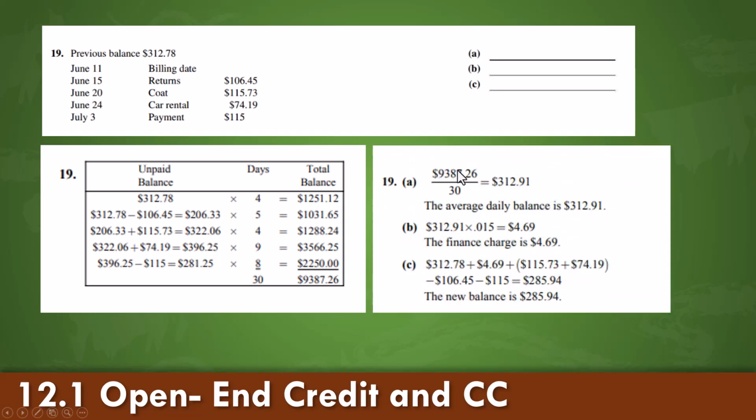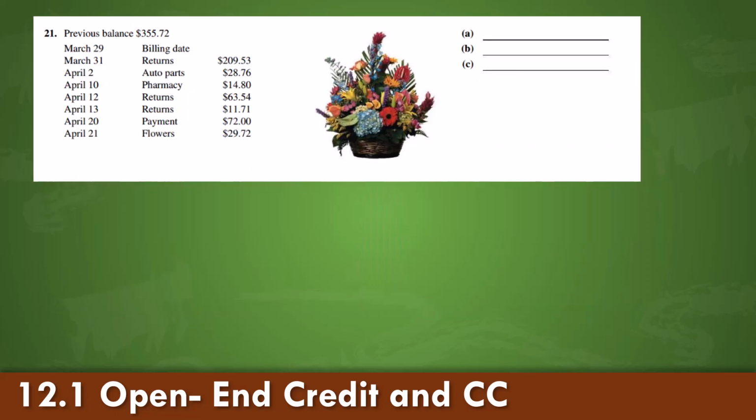We take this total balance, divide by 30, that will give us our average daily balance. Average daily balance multiplied by 0.15 will give us the $4.69 finance charge. Doing the addition of finance charges and expenditures, less any payments or returns, will give us our new average balance.